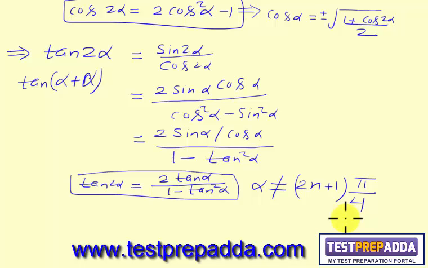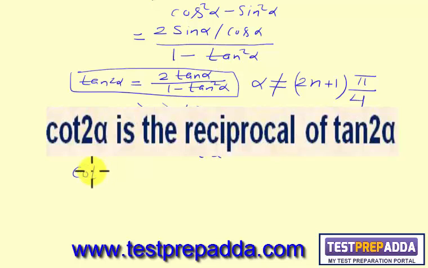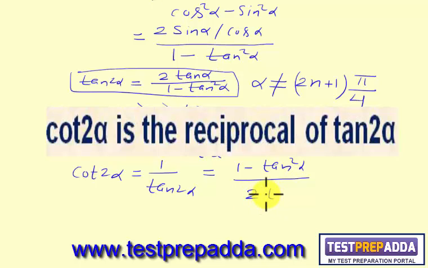Okay, now cot 2 alpha will be actually written as 1 upon tan 2 alpha. Now if I write, it becomes 1 minus tan square alpha upon 2 tan alpha, and now you write tan alpha as 1 upon cot alpha.